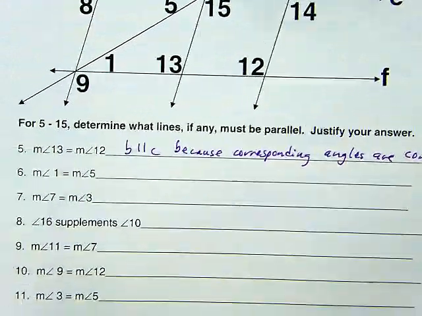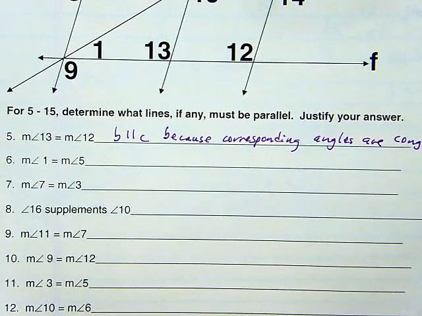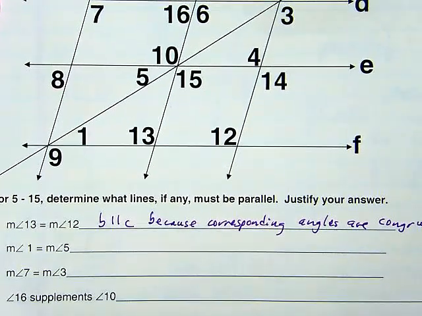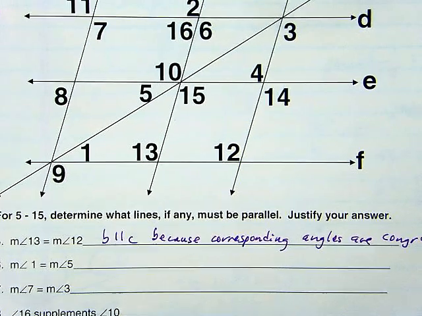So let's go on to the next question, and we can do a few like this just to sort of clarify the question so that we don't get confused by all the extra lines.